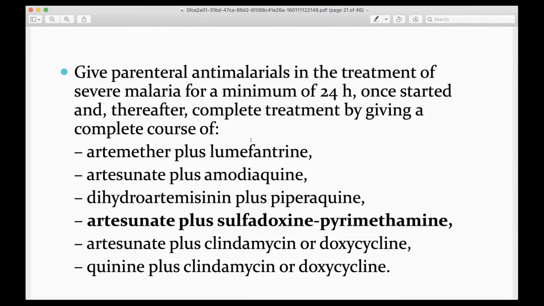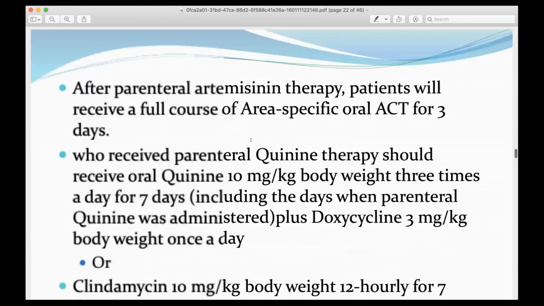by giving a complete course of either artesunate plus amodiaquine, or there are multiple options. You have artesunate plus sulfadoxine plus pyrimethamine. It is the commonest used combination. There are multiple combination options, and you can use any one of them.